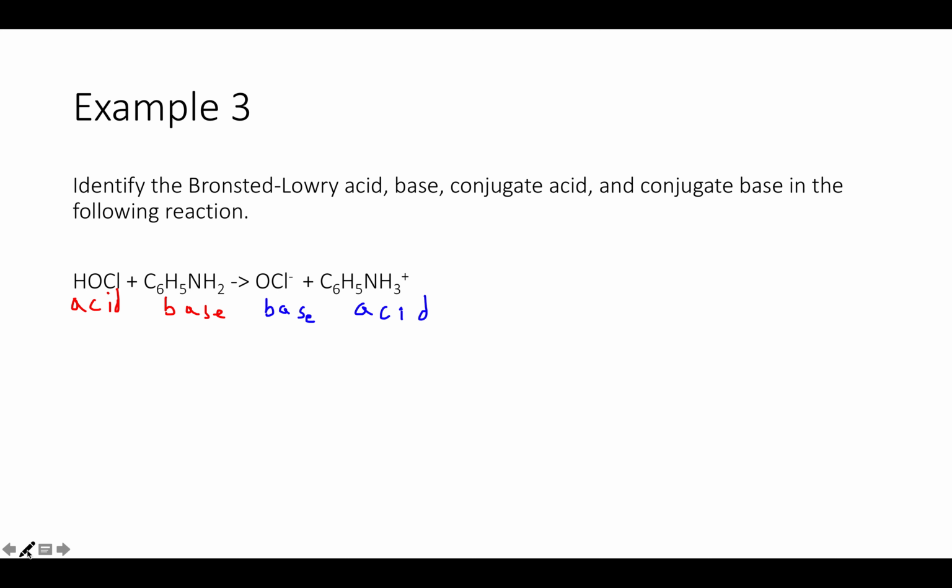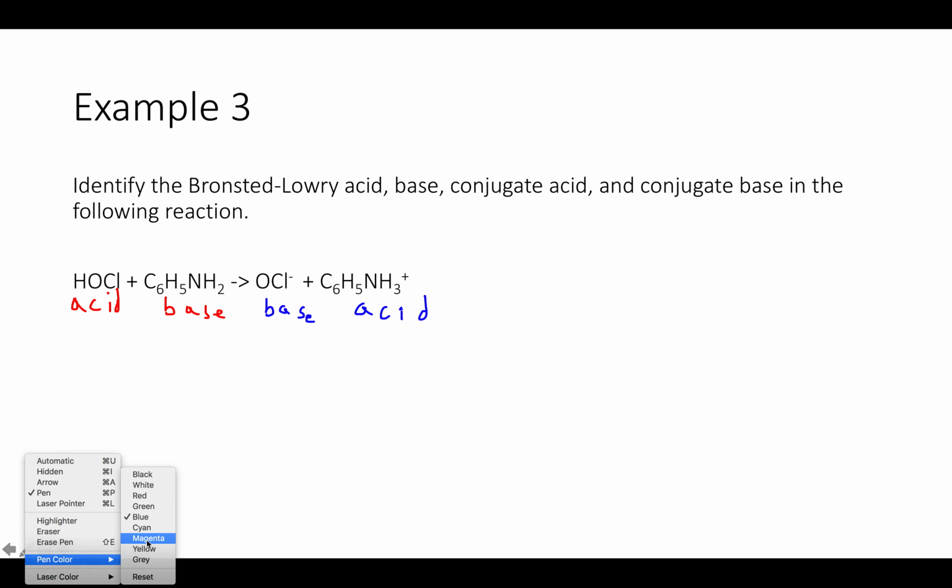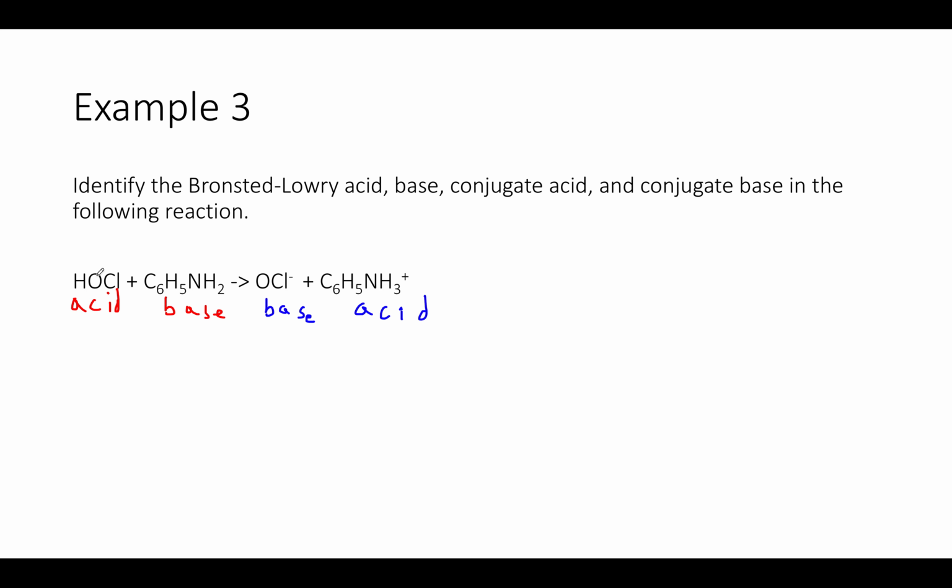So the conjugate acid-base pair here are these two. The HOCl lost the proton, it became the conjugate base. The C6H5NH2 gained the proton, it became the conjugate acid.